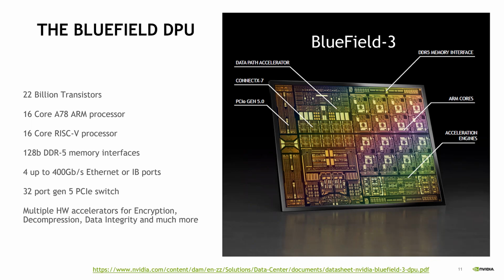Bluefield 3 has a multi-core A78 Hercules ARM CPU with DDR5 memory interfaces. Also, a multi-core RISC-V processor for programmable data path acceleration, and a Gen 5 PCI switch for local connectivity. Last are our accelerators, which are hardware engines for offloading the ARM, RISC-V, or host CPU from cycle-intensive or low-latency dependent functions. You can check out more details on the Bluefield 3 spec at the URL at the bottom.